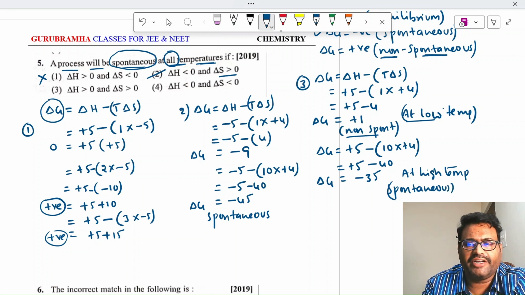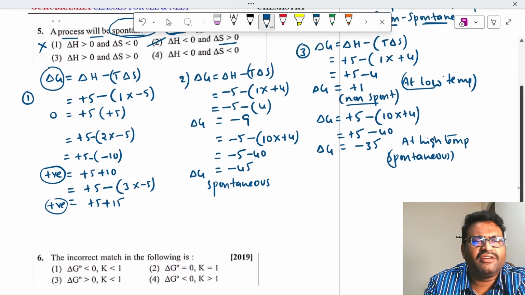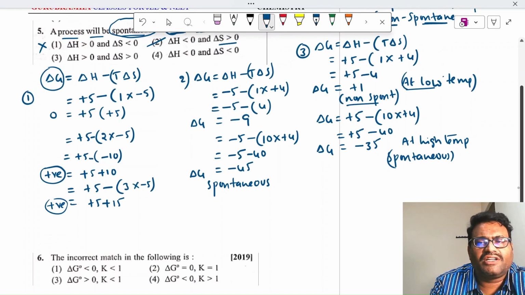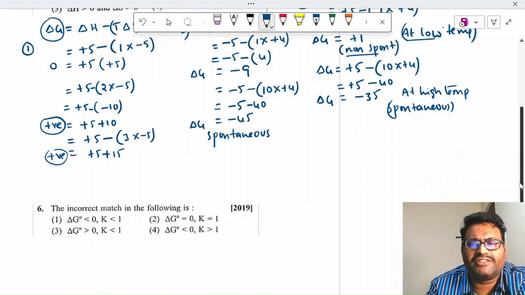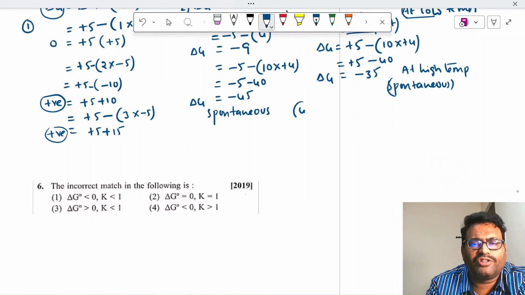But the condition asked is at all temperatures, and at all temperatures it is not spontaneous. Let us go with the fourth option.